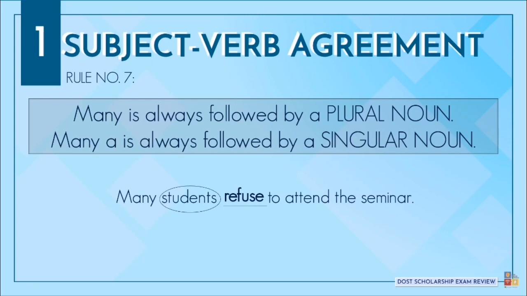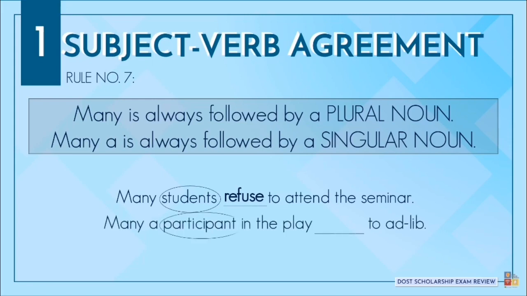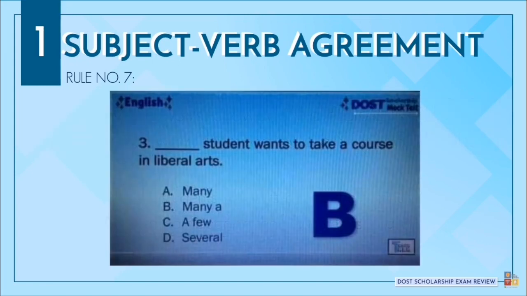The next one, many a participant in the play blank to ad-lib. So many a is followed by the singular noun participant. Thus it would take a singular verb prefers. Okay? Going back to the photo, we could find that the noun in the sentence is singular.